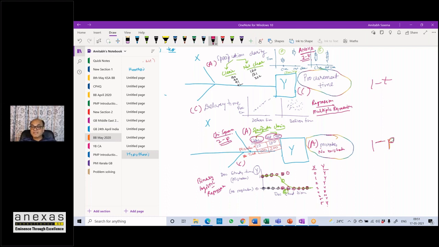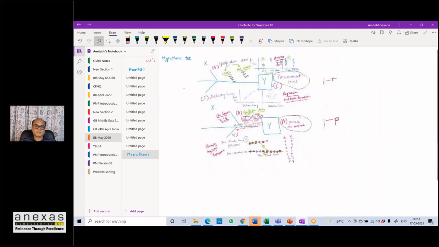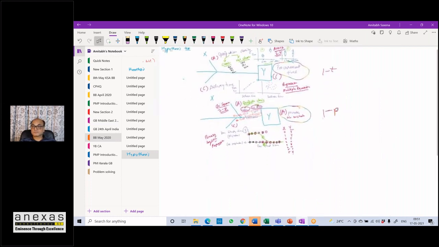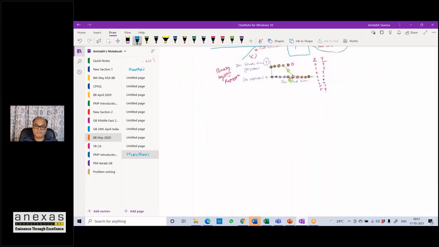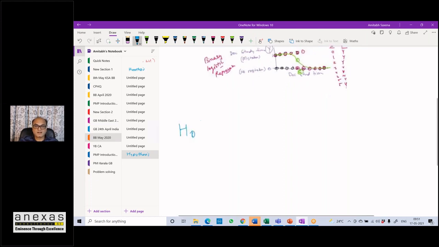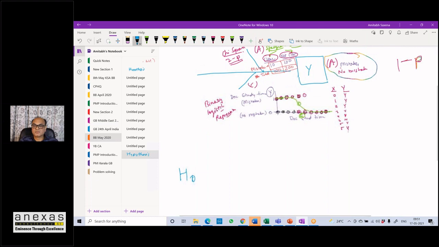Now, having understood the tests, let us also understand that as a black belt, you are a scientist. You give equal chance to all the possibilities. So I have got a Y, I have got an X. I will create two hypotheses. First hypothesis is the null hypothesis.